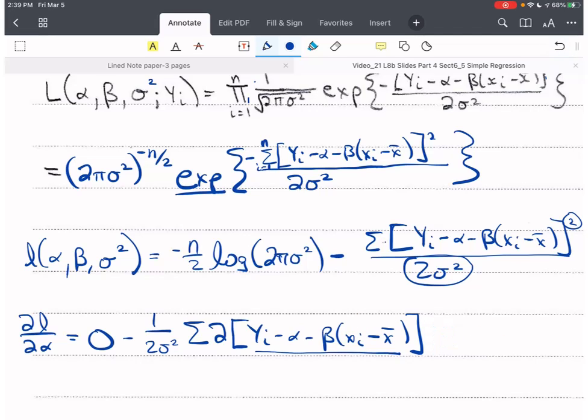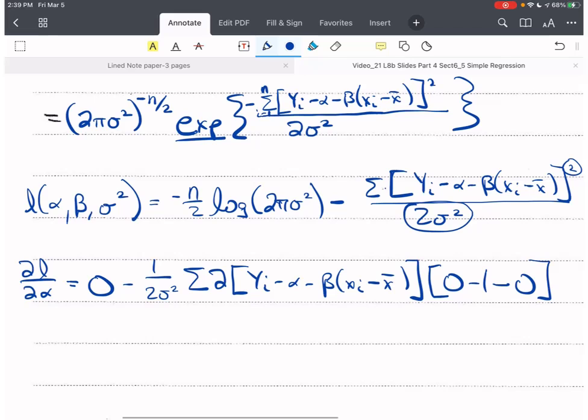So this is going to be 0 minus 1 minus 0. And so what I have is negative 1 over 2 sigma squared, and then I can pull the 2 out, so those will cancel. Sum of, and I have a negative 1 here, so this whole thing is a negative 1, which will make this positive.